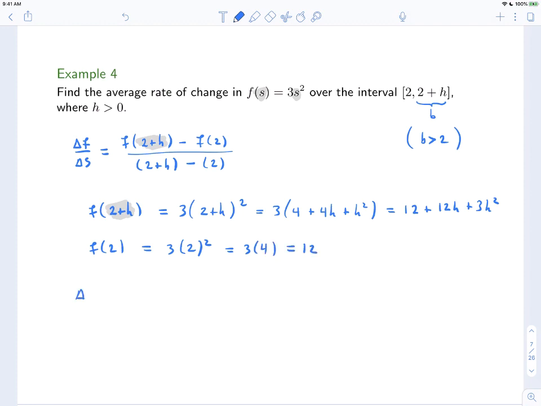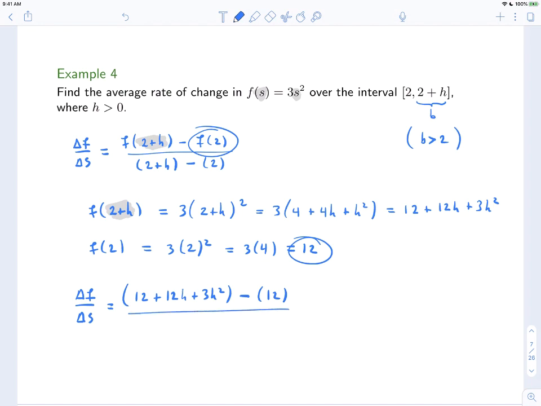So delta f over delta s is equal to f of 2 plus h, which is all that stuff right there, 12 plus 12h plus 3h squared, minus f of 2. Well, f of 2 is 12, so that's just going to be 12. And all of this is divided by the denominator, which is 2 plus h minus 2.